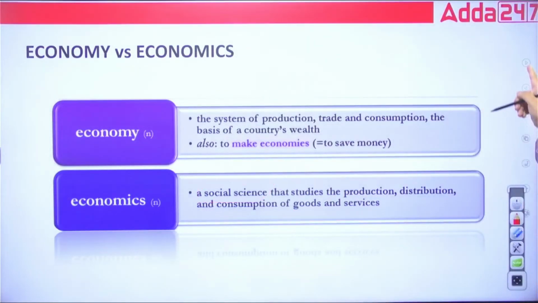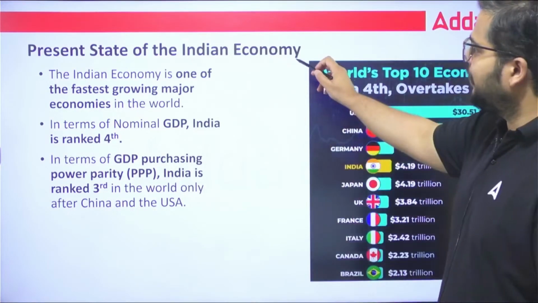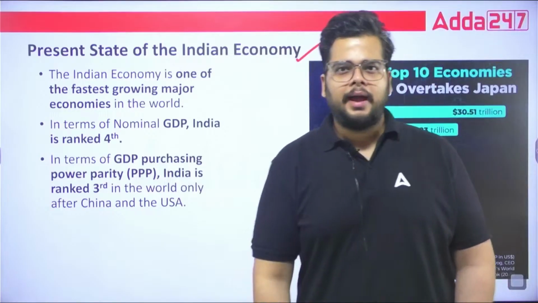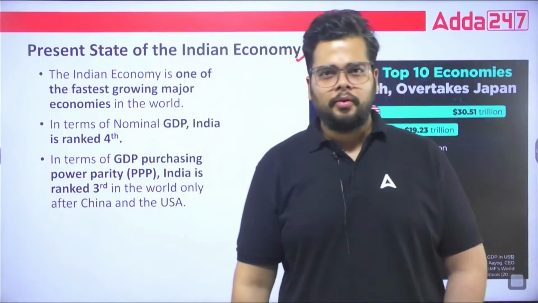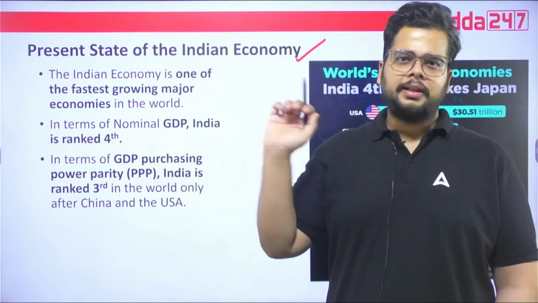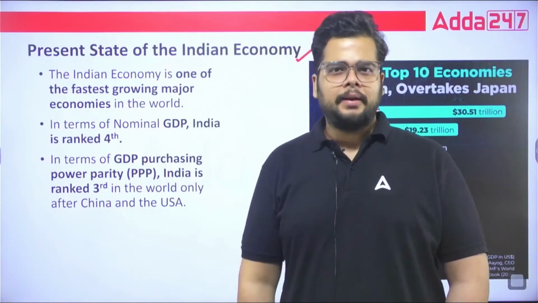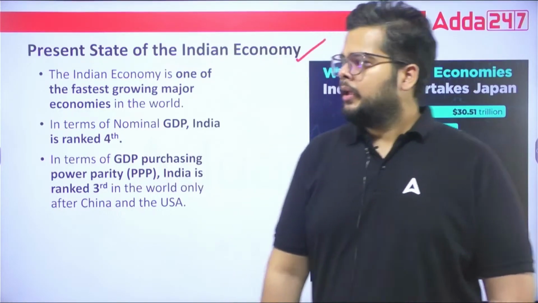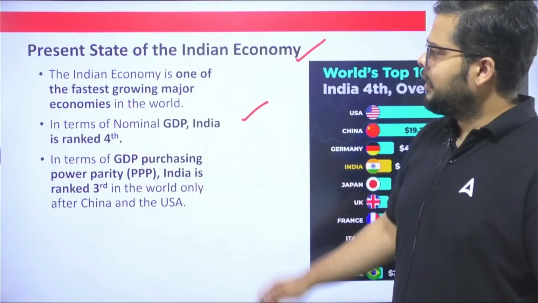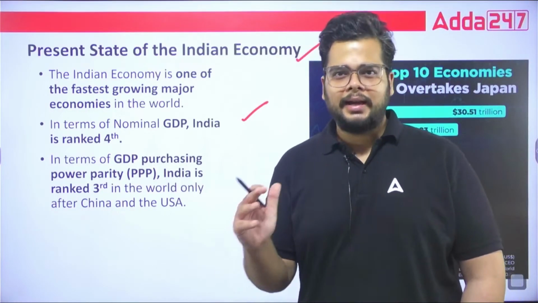The next important point which we must highlight is the present state of Indian economy. As you know, Indian economy is growing at a decent pace as compared to other world economies. But when we talk about the numbers, the rankings, they are important for our examination. The first important number is the rank of India when we talk about the nominal GDP of the entire globe.